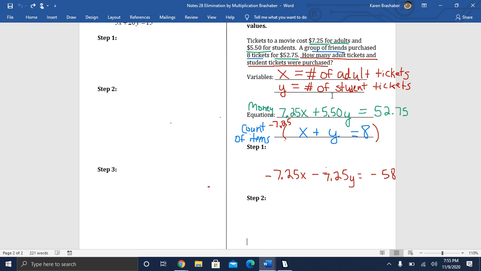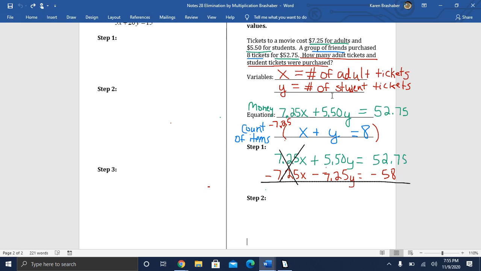All right, and then we're going to add to that. I'm going to write this up above, my green equation, my money equation, 7.25x plus 5.50y equals positive $52.75. So now I'm going to add my 2 equations. Notice that my x's cancel.